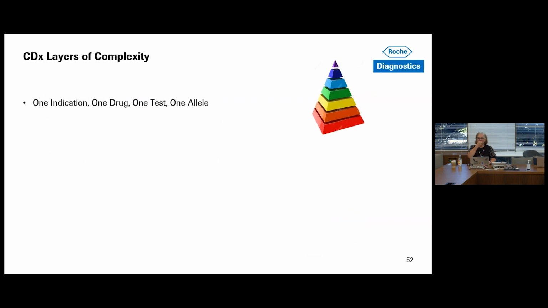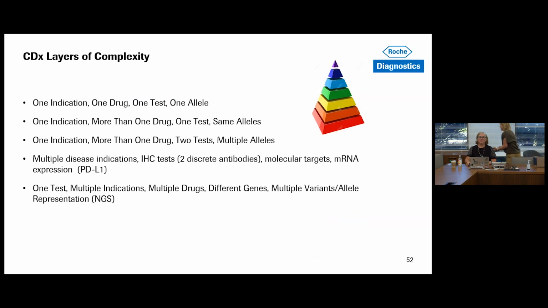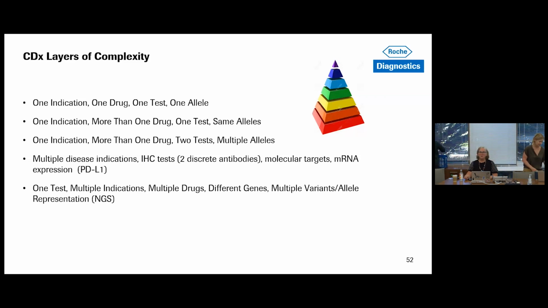So we've been talking about this one indication, one drug, one test, one allele, that straight line on the path. But really, as we move into drug development today, we're building this pyramid where we're moving towards multiple tests. For each patient, there could be multiple biomarkers for which we want to test. And when we're in oncology, we may have a limited amount of tumor tissue. We have perhaps a limited amount of testing that can be done.